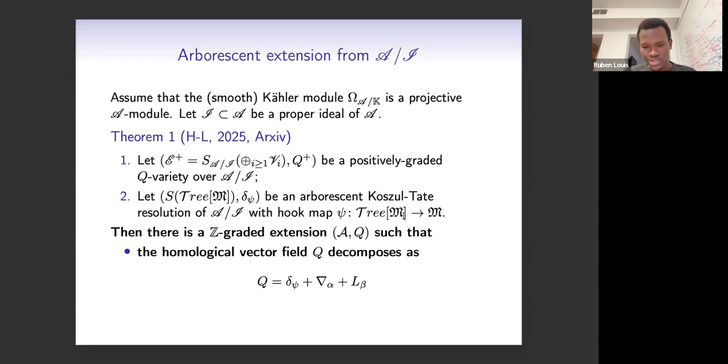And we got two other terms, which are nabla alpha and L beta.